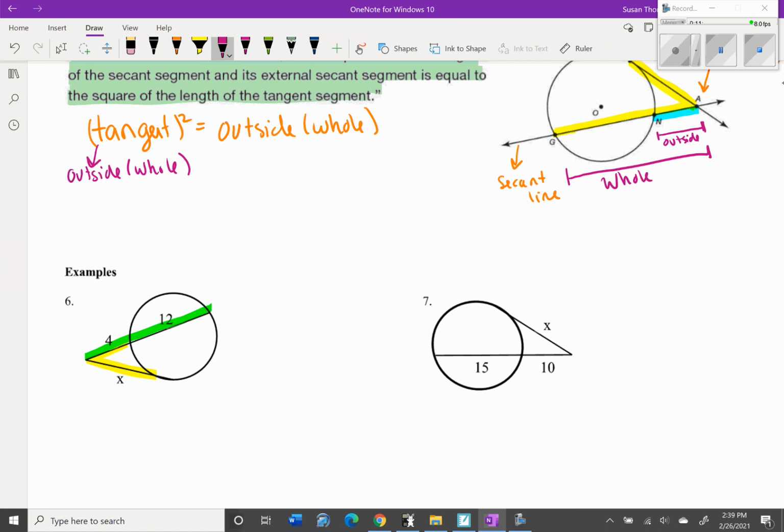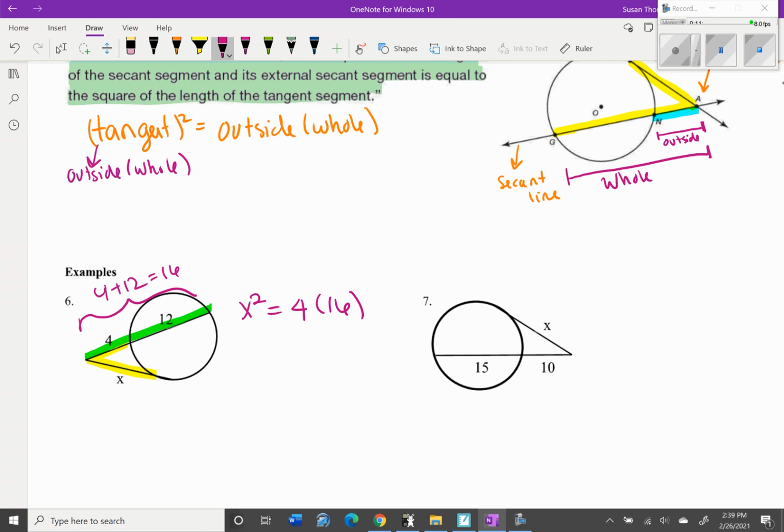So the tangent squared would be outside times whole, so x squared is equal to the outside, so 4 times the whole. So remember, the whole is this entire line, which is 4 plus 12, which gives us, of course, 16. So 4 times 16. So just be careful not to do 4 times the 12. That was when we were doing the other theorem that we had the other day.